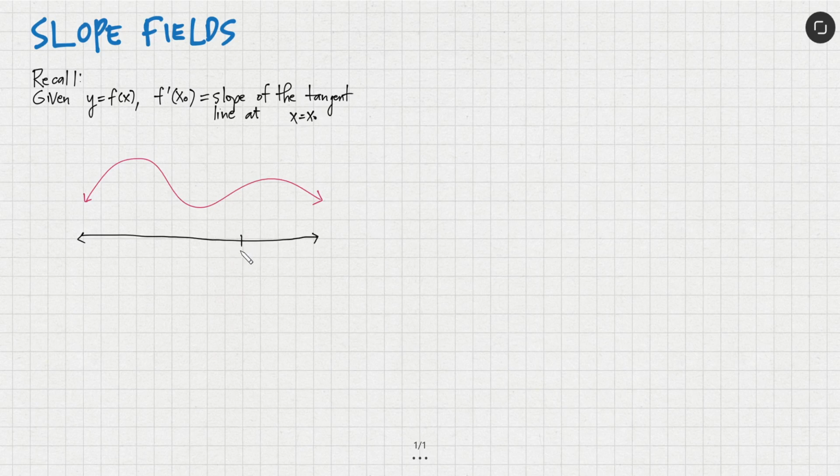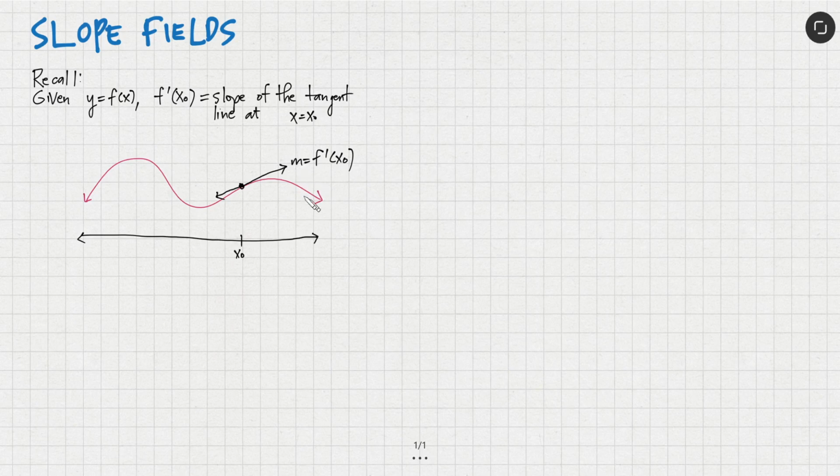So halimbawa andito yung x naught, and then andito ngayon yung tangent line natin, and this tangent line will have slope which is equal to f prime of x naught. Okay. So I think most of you are familiar with this geometric interpretation of the derivative.